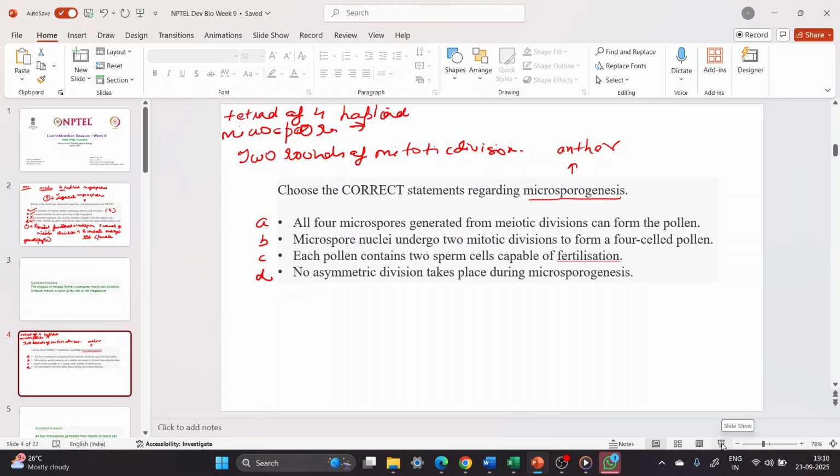The first mitosis is asymmetric, which forms a large vegetative cell plus a small generative cell.